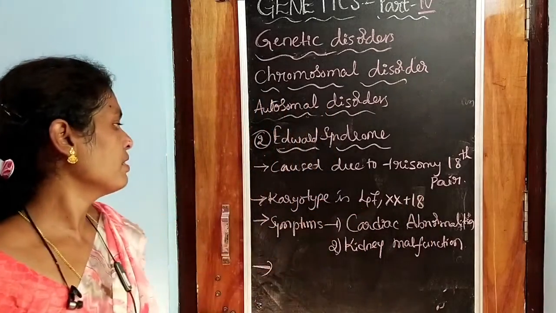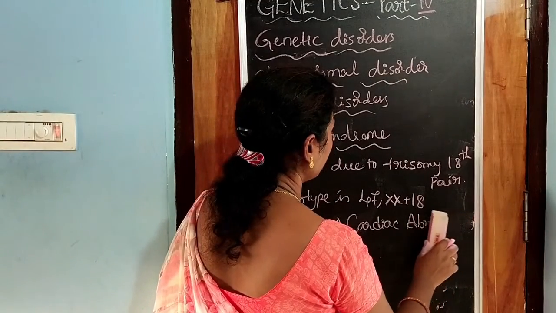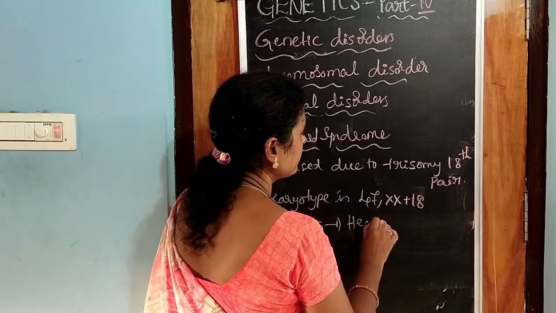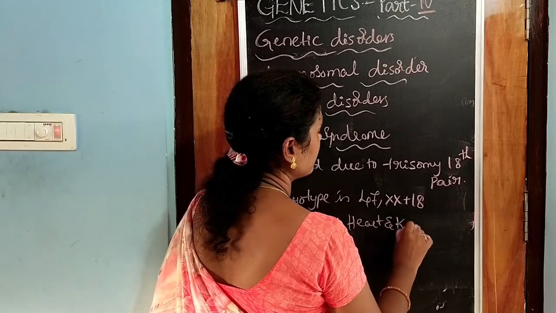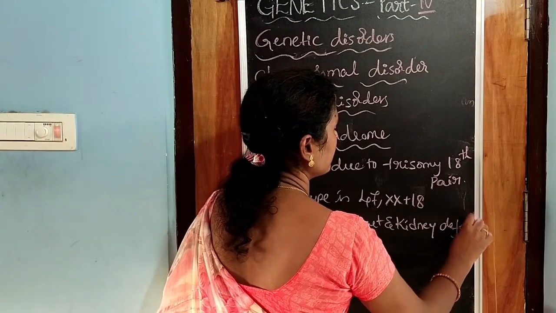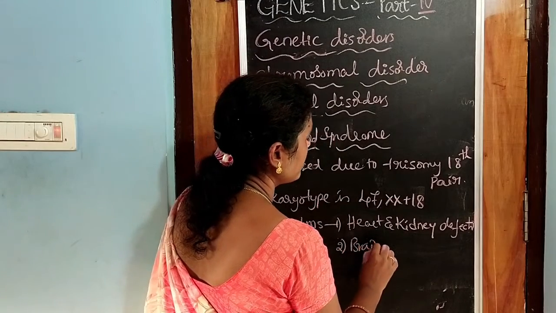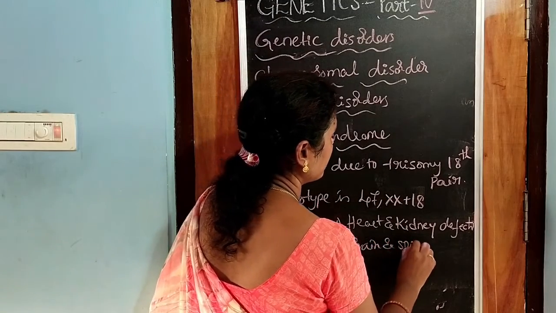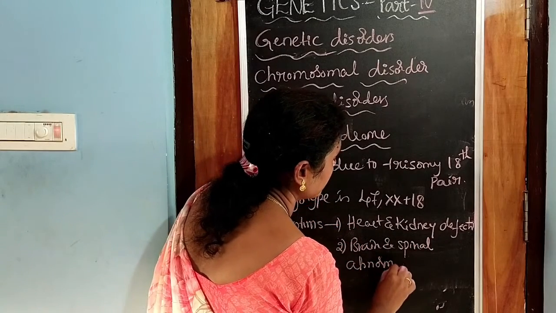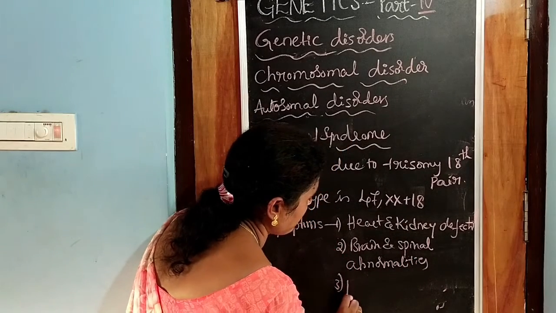The symptoms are heart and kidney defects, brain and spinal abnormalities, and poorly developed eyes.